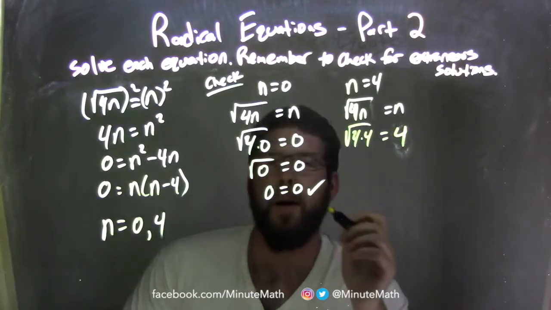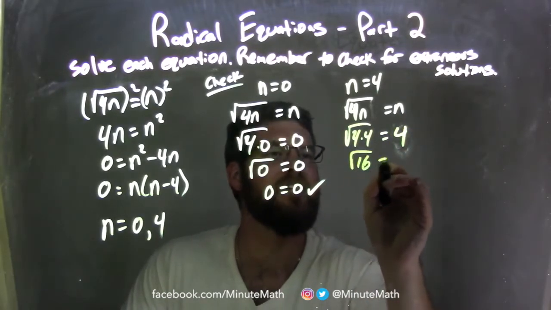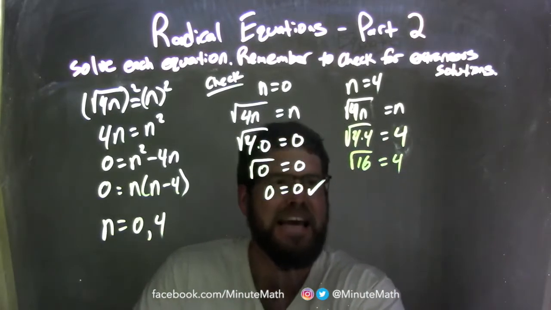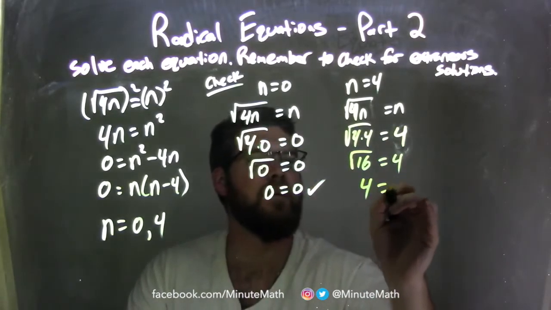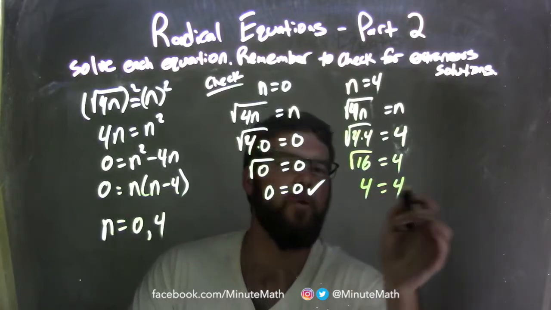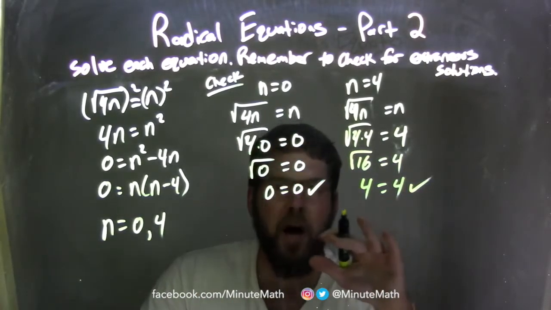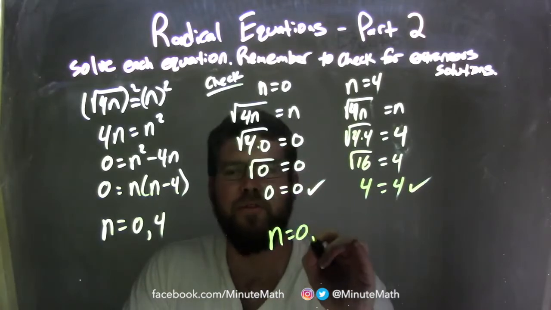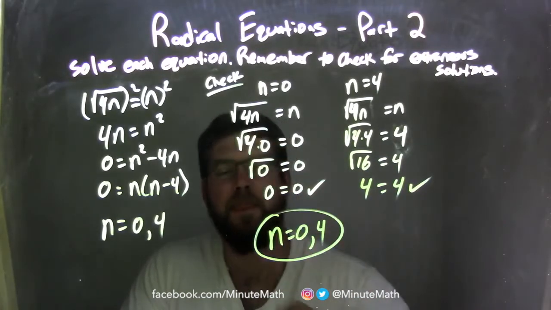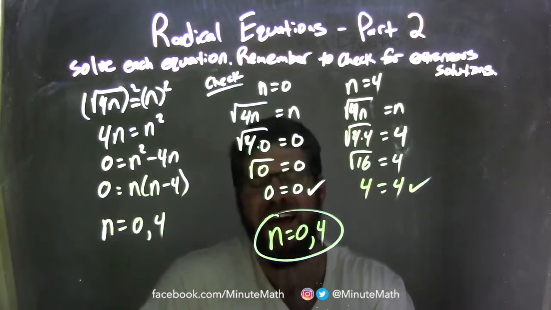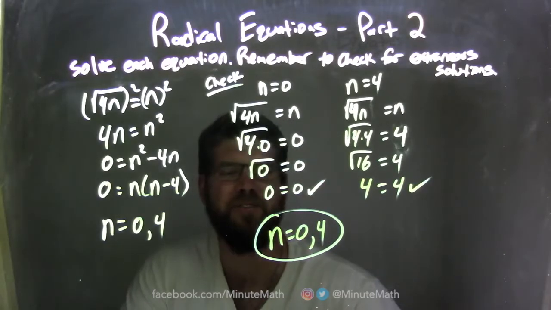Okay, 4 times 4 is 16, so we have square root of 16 equals 4, and square root of 16 is in fact 4. Fantastic. So 4 does equal 4. So wait a minute, we have two solutions here, right? Both are true, none are extraneous. So my two solutions are n equals 0 and n equals 4. Not 0 equals 4, that's silly.